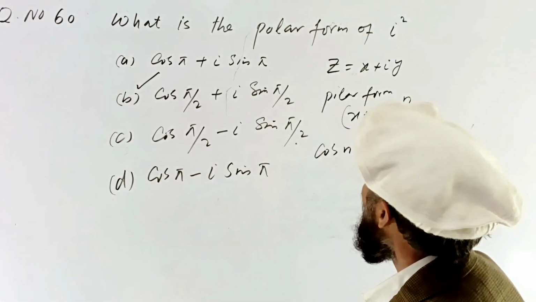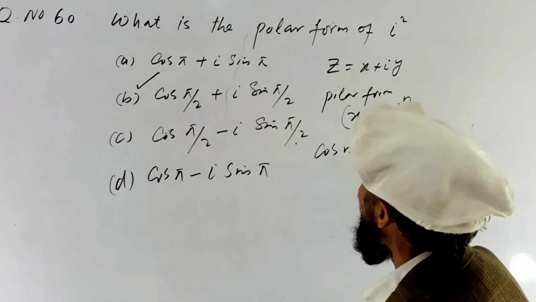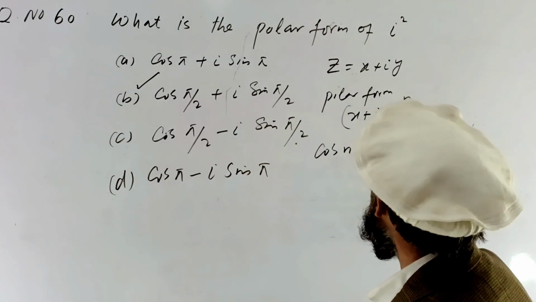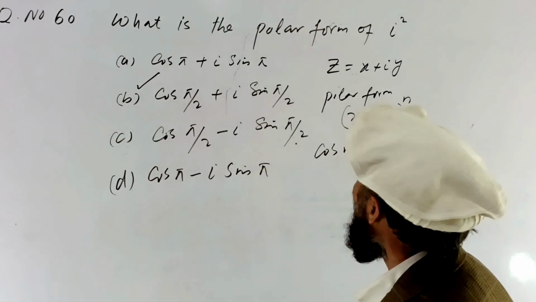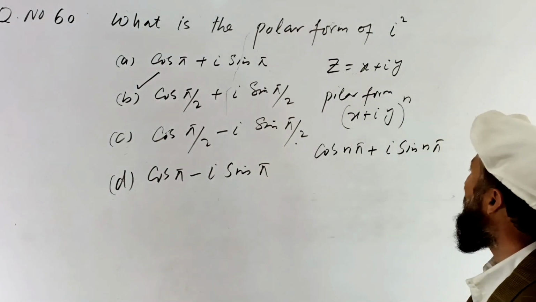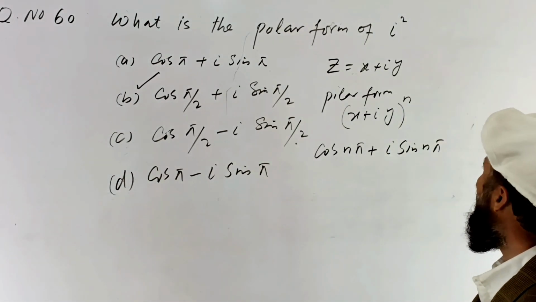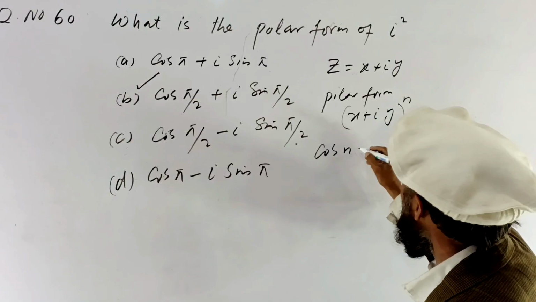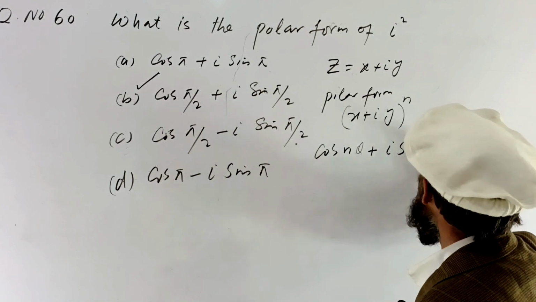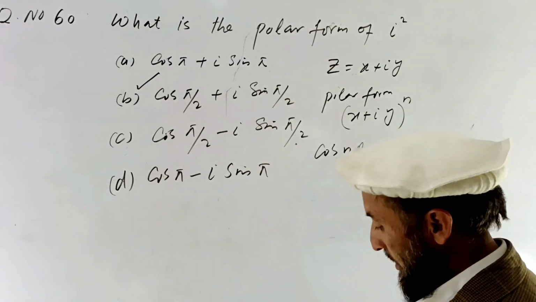So according to this result, iota square is equal to minus 1, and minus 1 we put here. According to this formula, we expand. So the answer is cos pi plus iota sin pi. Theta is pi here in place of this result.